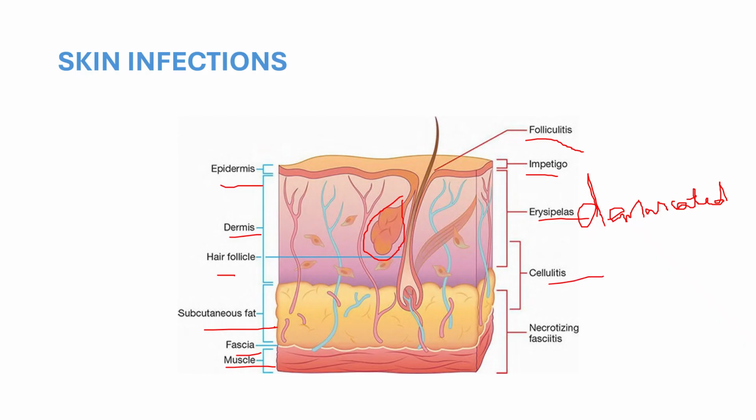Cellulitis is like a spreading infection. It can start from the dermis, go up and down to involve the subcutaneous tissue as well as the upper dermis and epidermis. Necrotizing fasciitis is again a deeper infection. It's polymicrobial, mainly involving anaerobic and gram-negative organisms, and it requires extensive treatment. You may have to debride extensively in necrotizing fasciitis to prevent the spread of the infection.